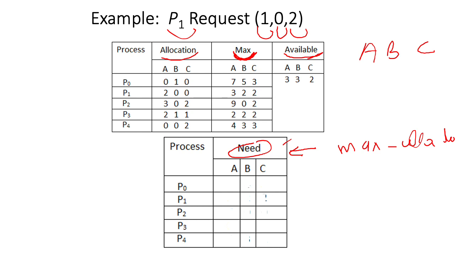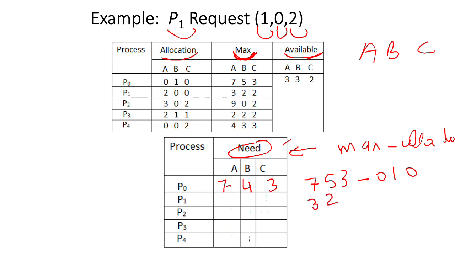Therefore, for P0, we're going to have the maximum allocation, which is 7, 5, 3, minus the current allocation, which is 0, 1, 0. So P0 still needs 7, 4, and 3. And then same thing for P1.